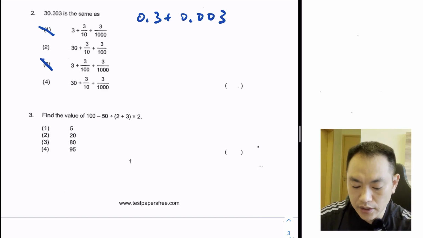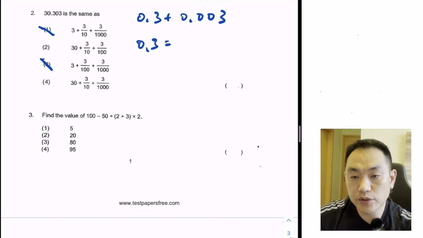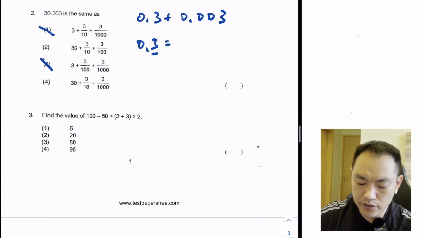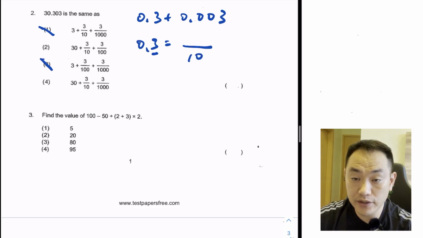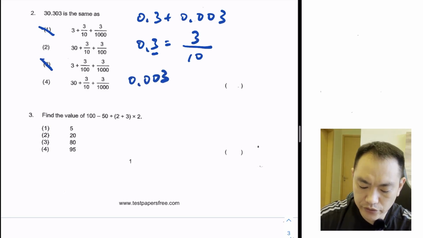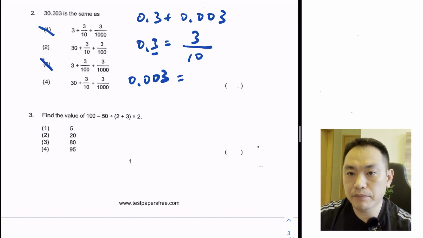So for 0.3, as you know, there is 1 place after the decimal point. One place means the denominator will be 10, and then you put the 3 at the top. And then what about 0.003? How do you convert it to a fraction? Again, you check how many places or positions there are after the decimal point.